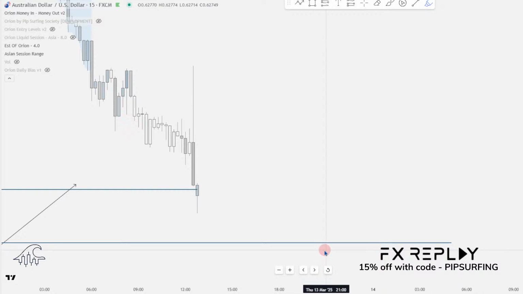Is there high volume off of the area that price is reacting? Yes. Is there high probability that price is going to deliver a reaction there? Well, that probability is always going to be down to the principle of, is there a reason for price to travel in a certain direction? Well, of course, we will follow the directional bias that's given to us by the Orion trading system.